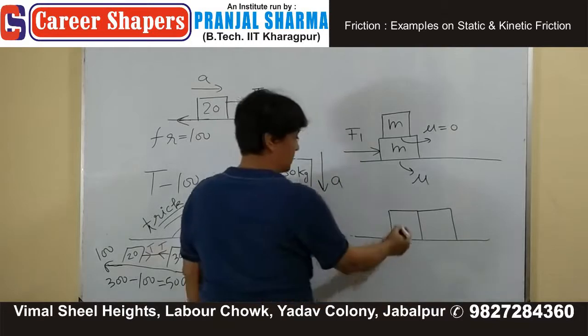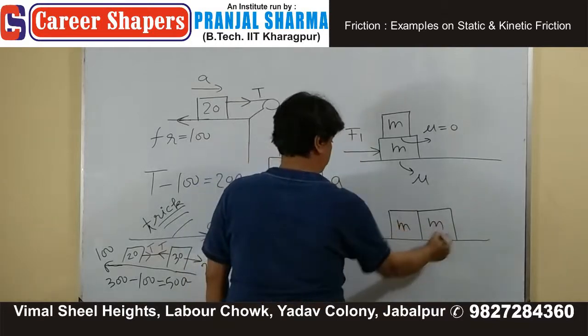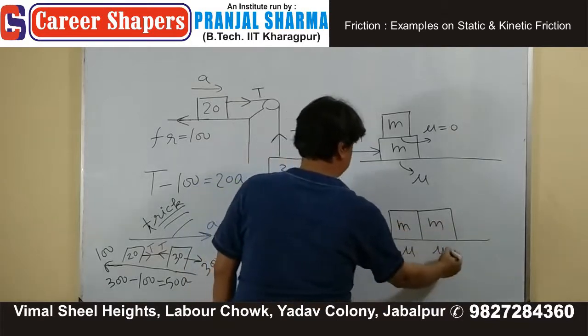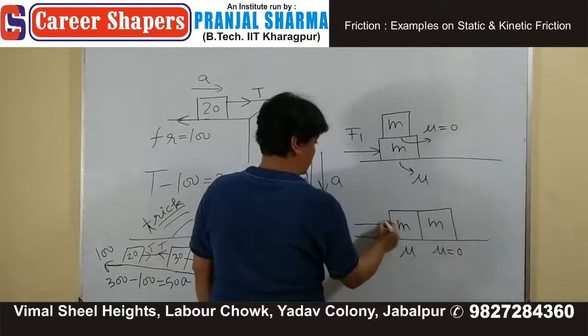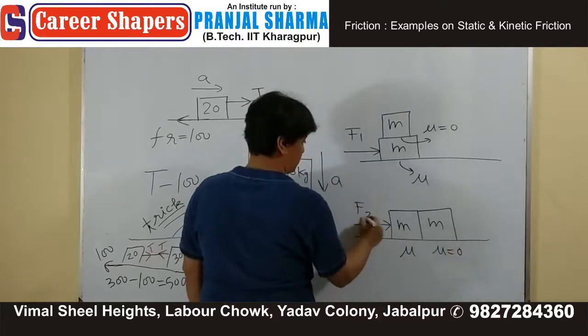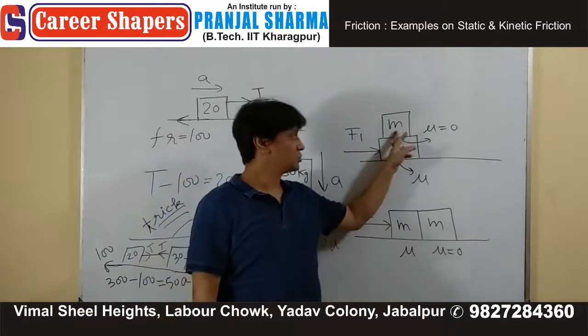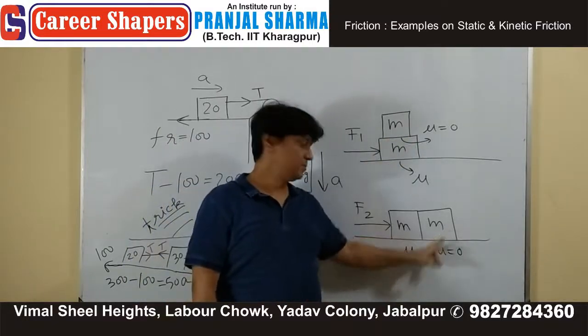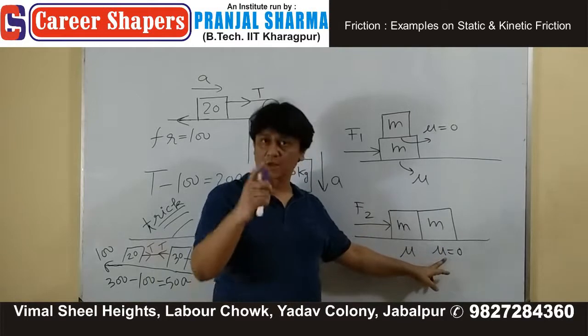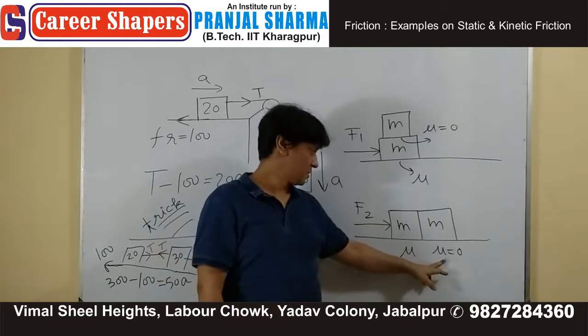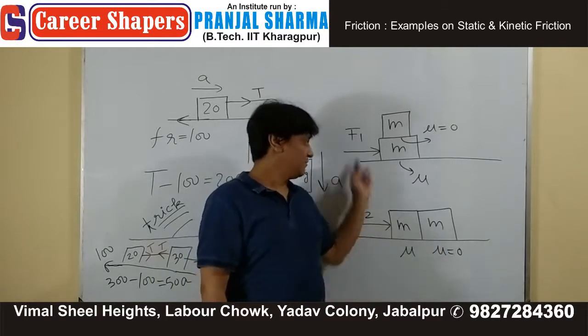Second setup, M. This is mu, this mu is 0. A force is acting in this direction, F2. इसको हमने कहाँ रख दिया, आगे रख दिया। म्यू कितना चल रहा है, 0. This is F1, this is F2.